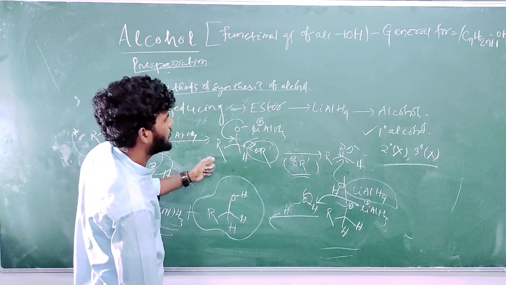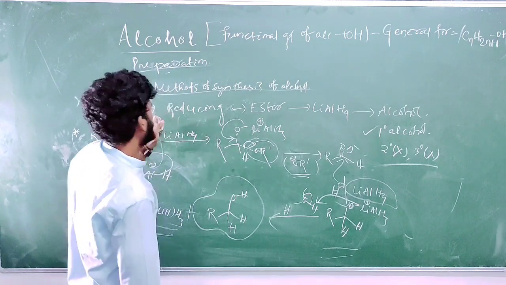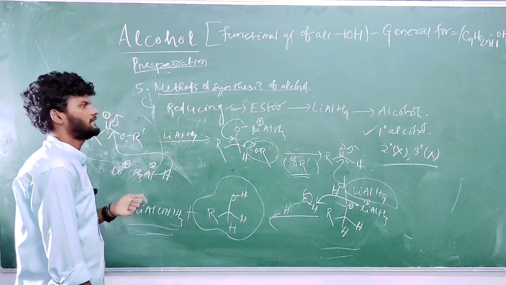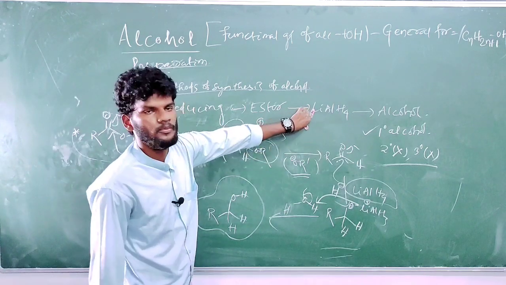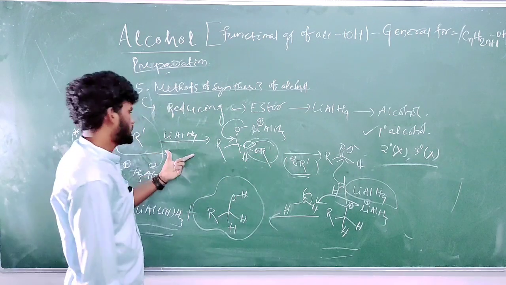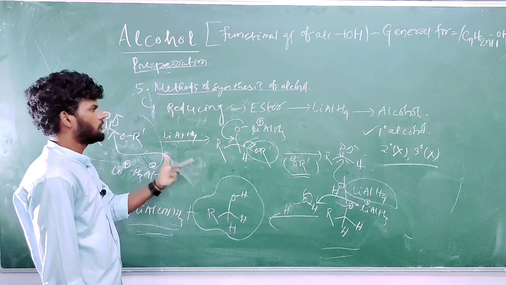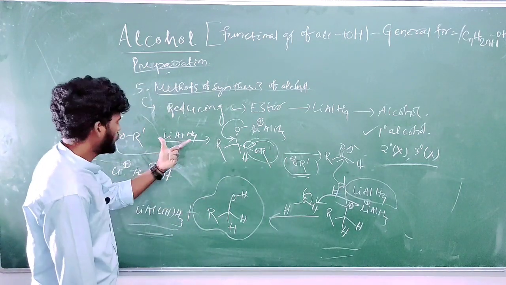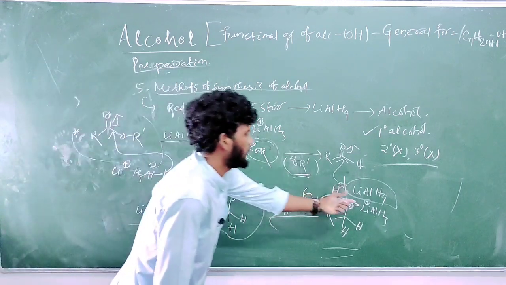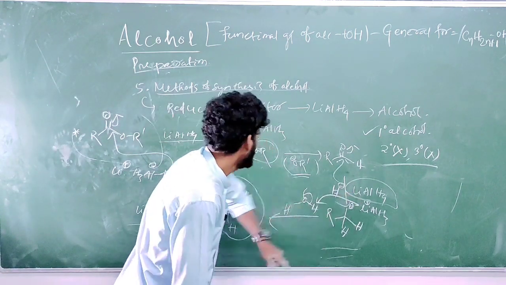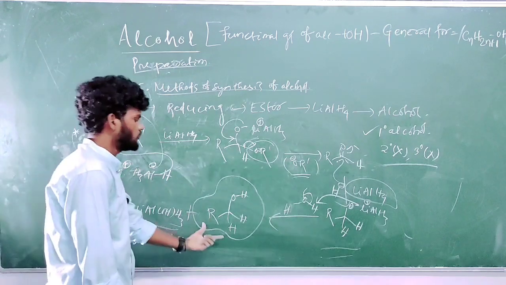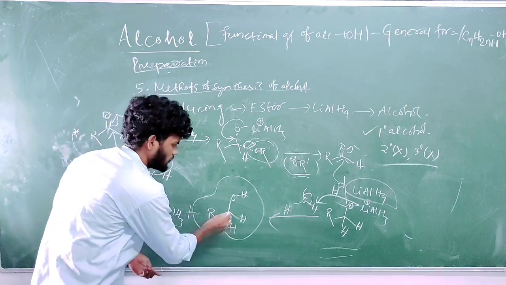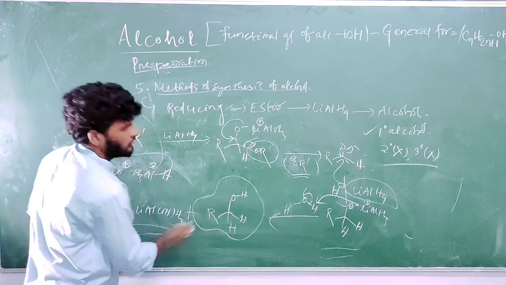So that is why I told you, similarly, in the case of acid, by reducing acid we got alcohol using 2 moles of lithium aluminum hydride. Similarly with ester, we use one mole of lithium aluminum hydride in the first step and a second mole in the second step, so with 2 moles we reduce the ester to produce a 1 degree alcohol, because the carbon atom attached to oxygen is attached to only one CH.